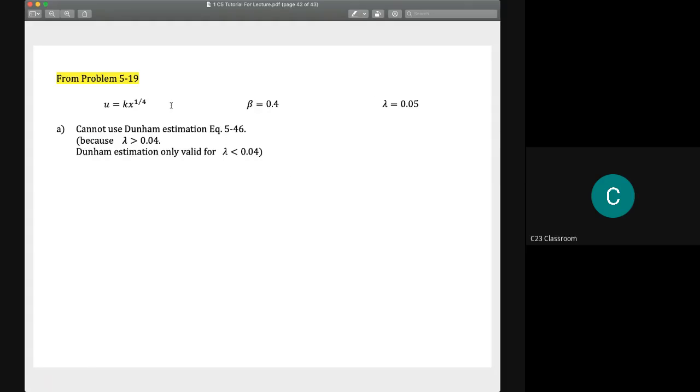From the previous problem, we know that U is equal to K x to the power of 1 over 4, beta is 0.4, and lambda is 0.05. We know that lambda is greater than 0.04, so we cannot use the Dunham estimation, because it is only valid for lambda less than 0.04.